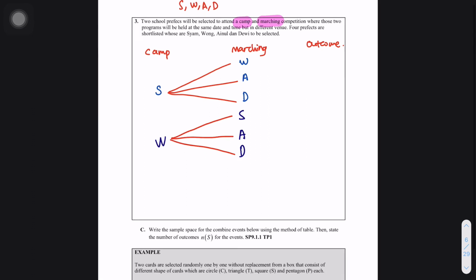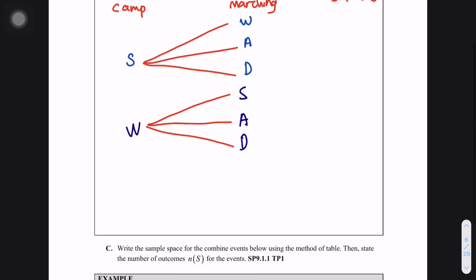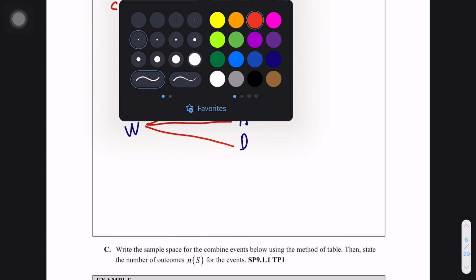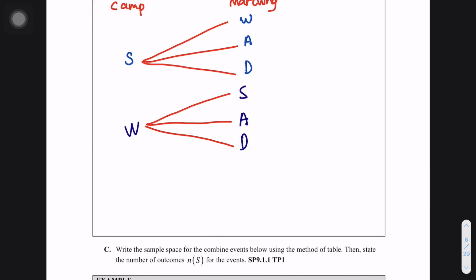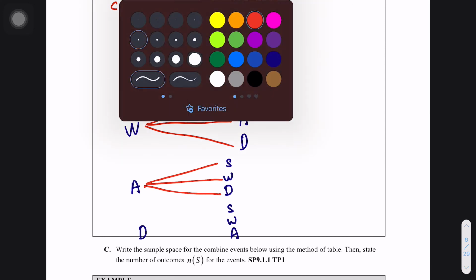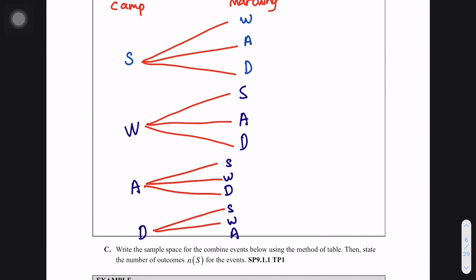We don't have enough space. Next, if we have Ainul, it's the same: we have Sham, Wong, Dewi. And the last one is Dewi. The options for marching are Sham, Wong, and Ainul. So this is the tree diagram.